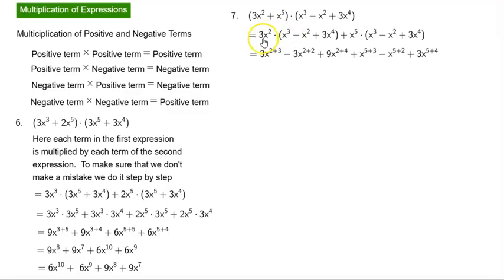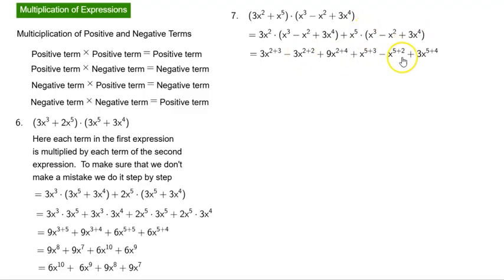3x to the power of 2 plus 3, minus 3 times 1, 3x to the power of 2 plus 2, plus 3 times 3 is 9x to the power of 2 plus 4, plus x to the power of 5 plus 3, minus x to the power of 5 plus 2, plus x to the power of 3 times 1, 3x to the power of 5 plus 4.